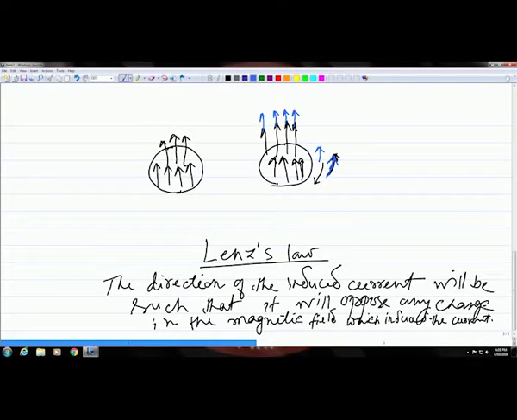Okay. On the other hand, if you consider this direction, then again by using right hand thumb rule, you will see the direction of the field.